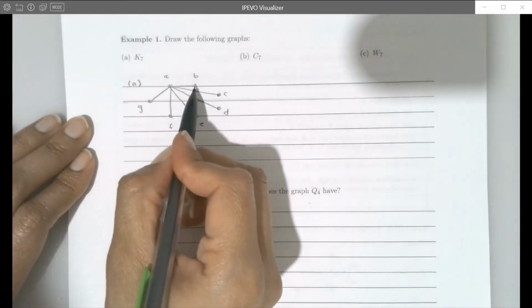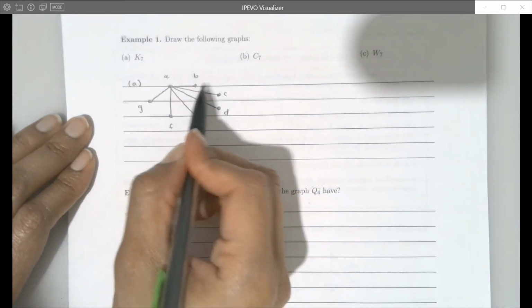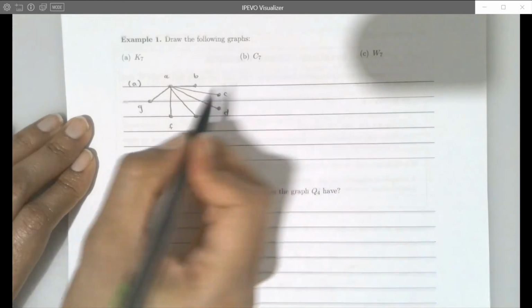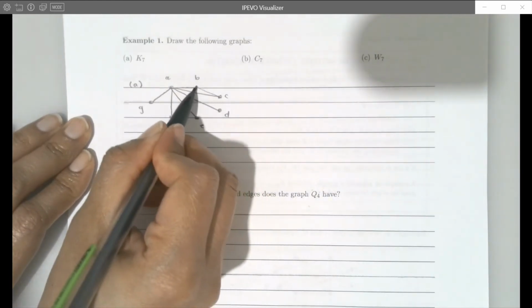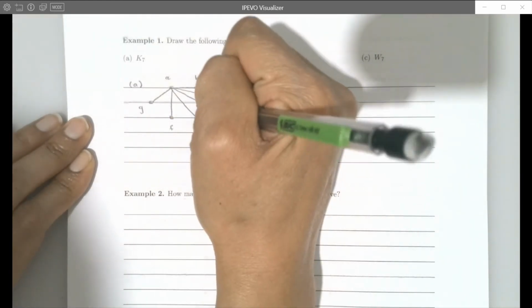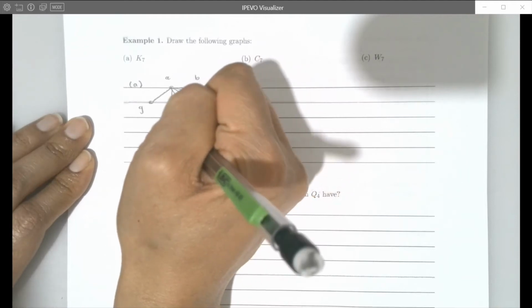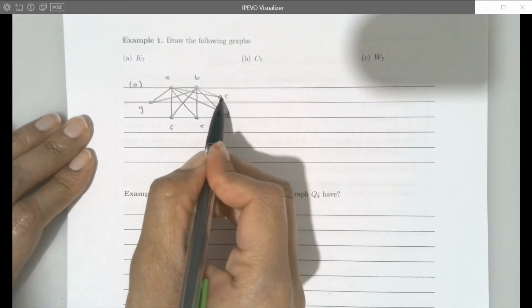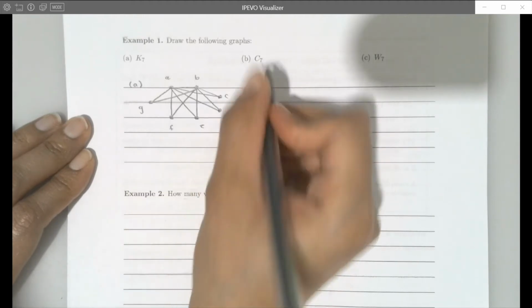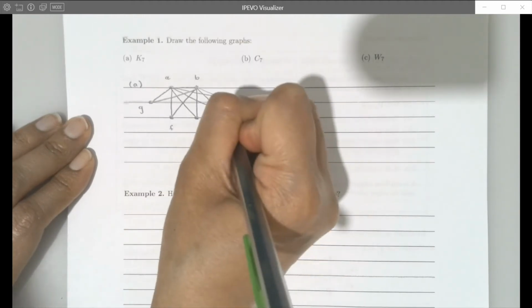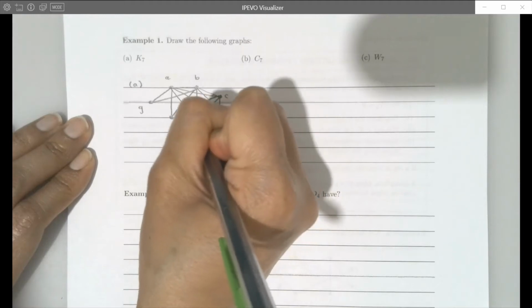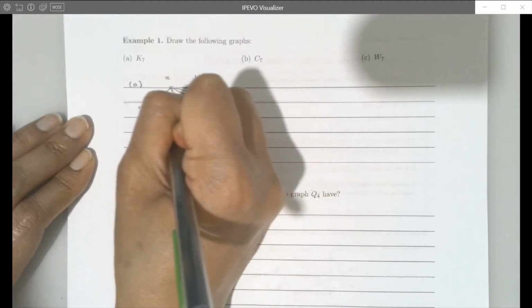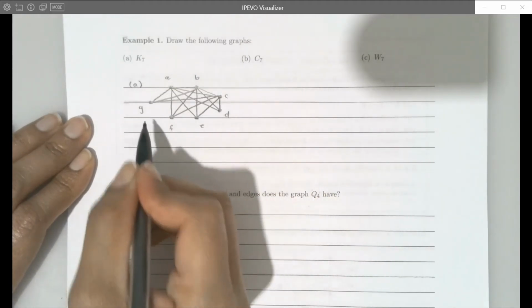Then we can move on to B. And B is already connected with A, but now we can connect it with C, D, E, F, and G. Okay, then we move on to C, which is already connected to A and B. Now we can connect to D, E, F, and G. And we just repeat that process.